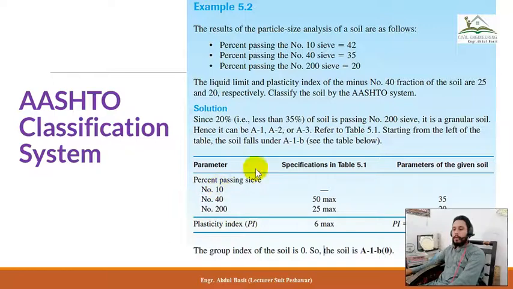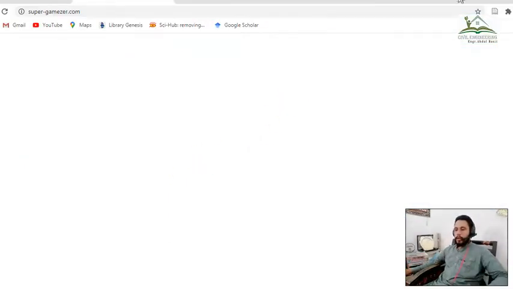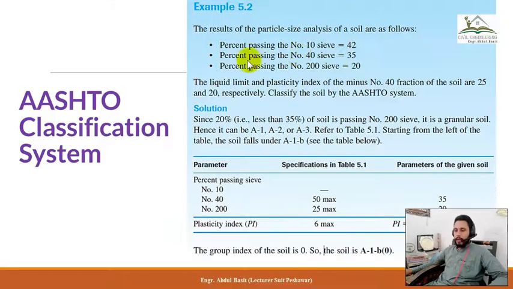Again, coming to a simple numerical on the AASHTO classification system. So here it is. How can we do it? The results of a sieve analysis of a soil are given. The percentage passing number 10 sieve is 42. Percentage passing through number 40 sieve is 35.